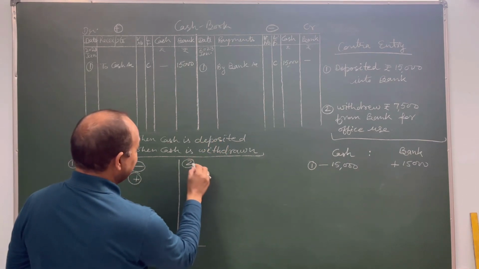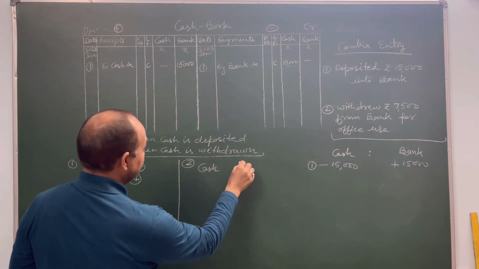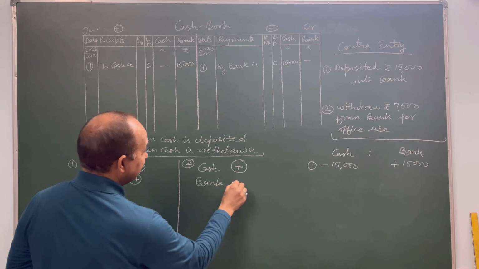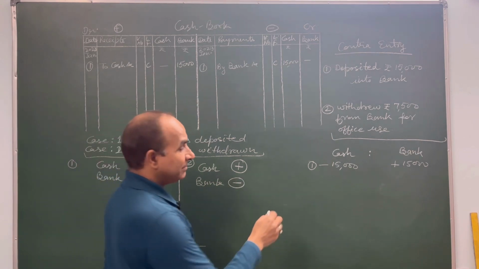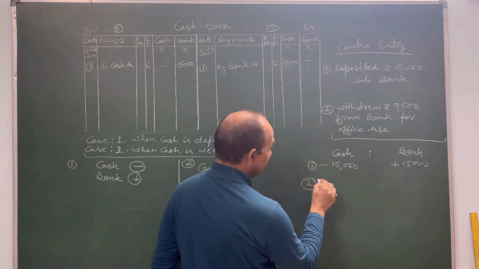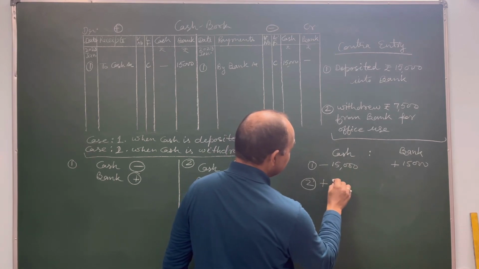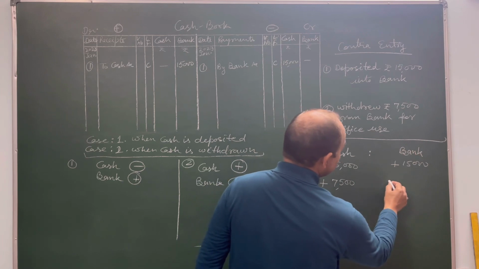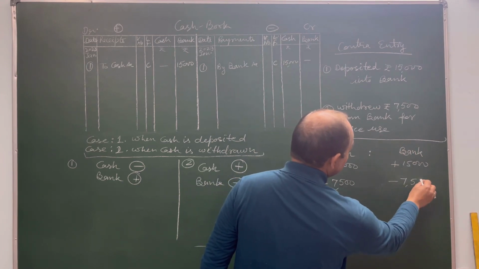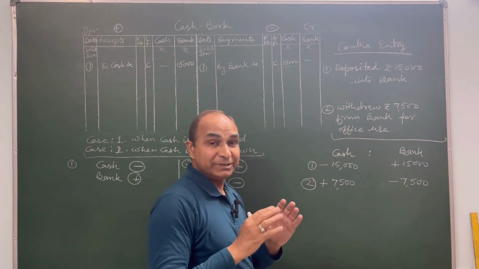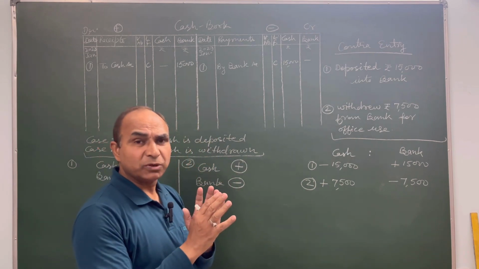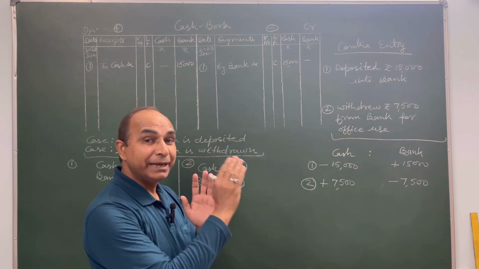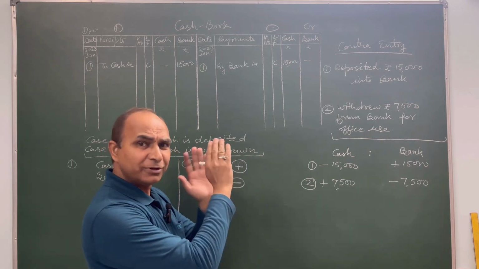See, cash increasing, bank balance decreasing. If we write the amount, see here, case number 2, cash increasing by 7,500 and bank balance decreasing by 7,500. It means it is affecting both the columns, cash column as well as the bank column, on reverse side, opposite side.